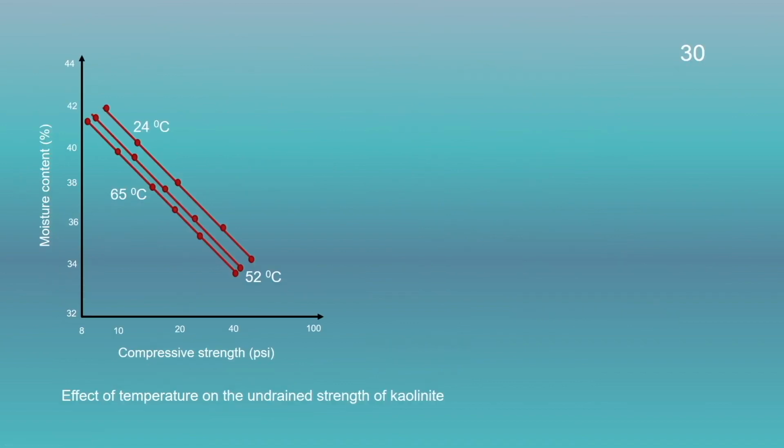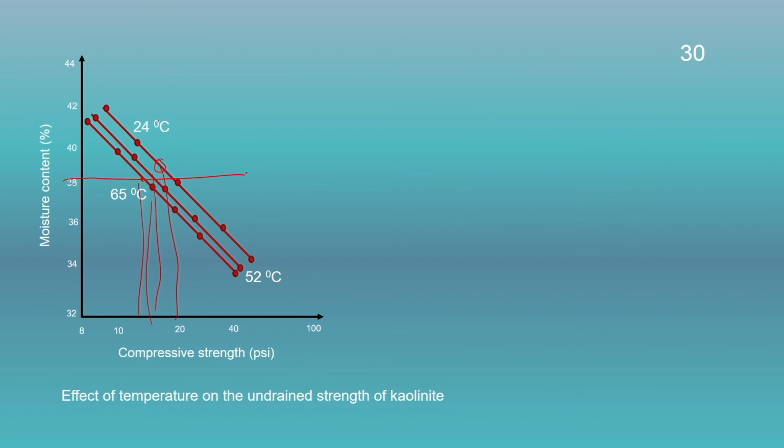If we compare the undrained shear strength of kaolinite at different moisture content, we could see here that as we increase the temperature, the compressive strength is decreasing. The undrained shear strength of the soil at 24 degrees centigrade will have a higher value of compressive strength in comparison to the soil heated up to 65 degrees centigrade. This is due to the decrease in the viscosity of water.